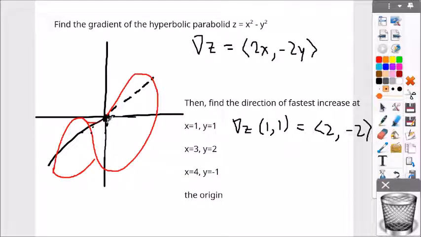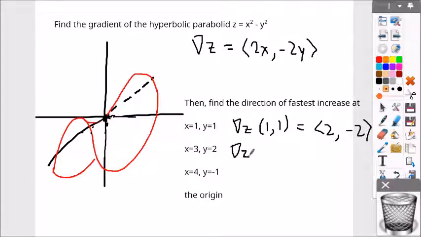So 2 on the x-axis and negative 2 on the y-axis, so it's this direction, which makes sense because it's going up, and this Pringle is going up. The hyperbolic paraboloid is going to increase fastest when you go that direction.